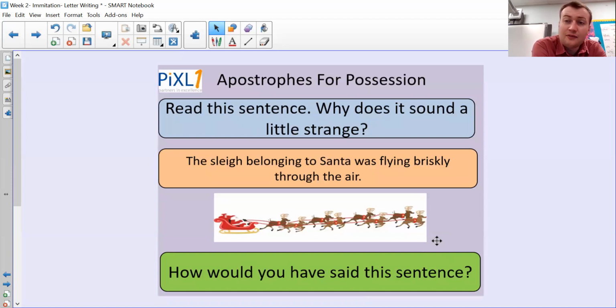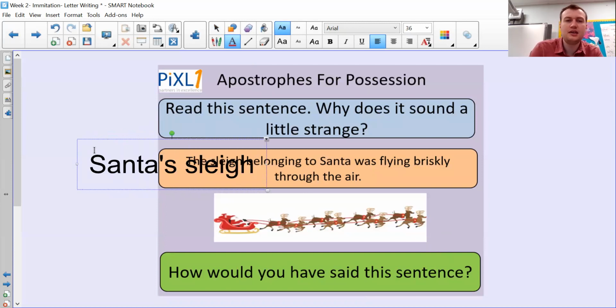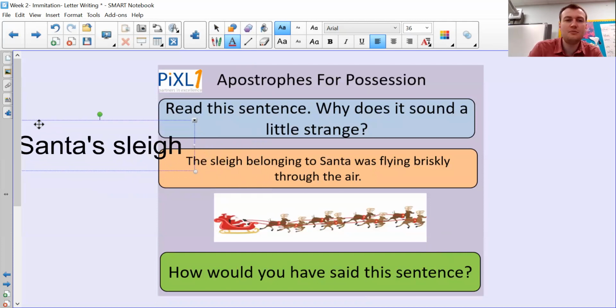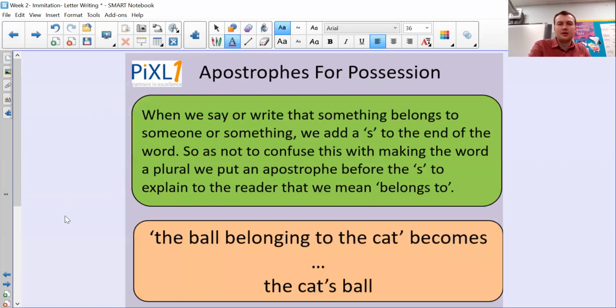And for Santa's sleigh, that apostrophe shows that the sleigh belongs to Santa, right? As it shows us here, Santa's sleigh. So that apostrophe S has replaced belonging to, because that's what it means. It belongs to that person. So the sleigh is Santa's. He owns it.